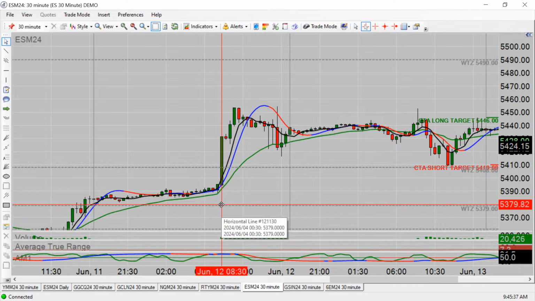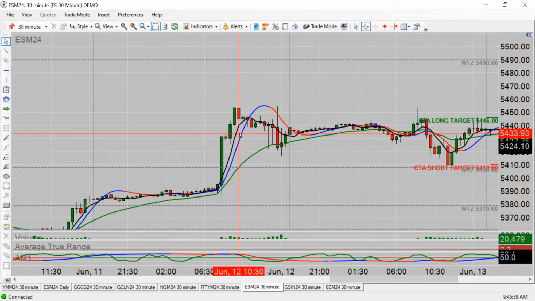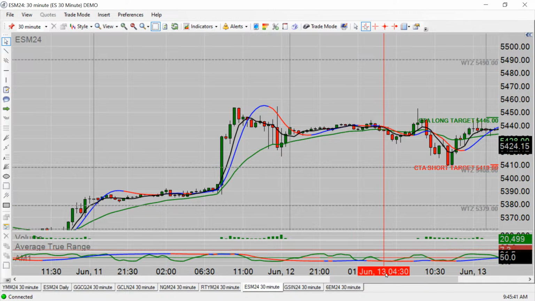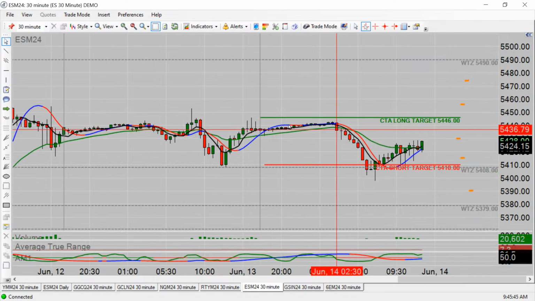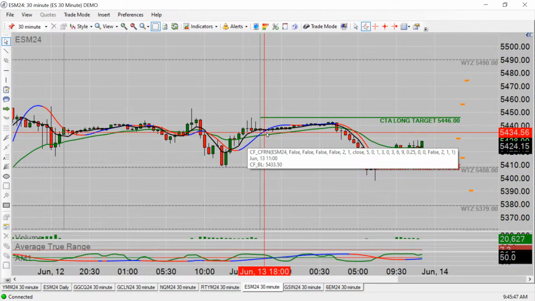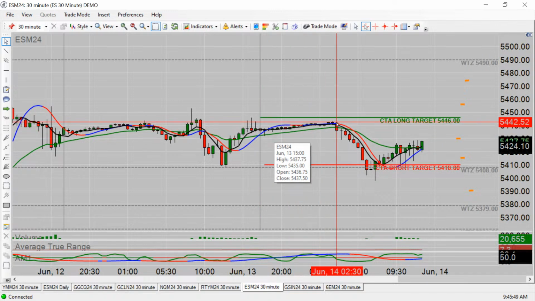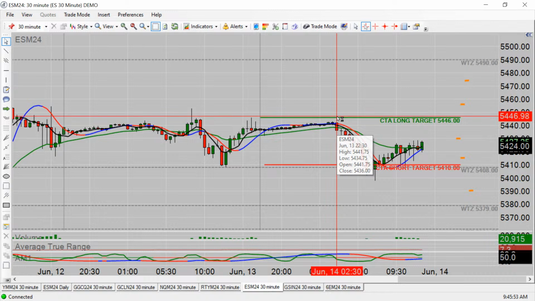This was that CPI report the other day that sent the market substantially higher. Here's where we opened last night. We had blue and climbing overhead. That's potential resistance. So we were never able to make it to the long target, nor would we be inclined to even trade towards it.